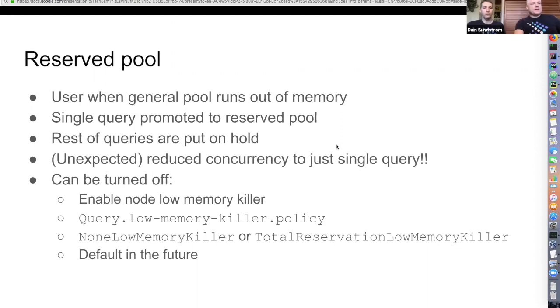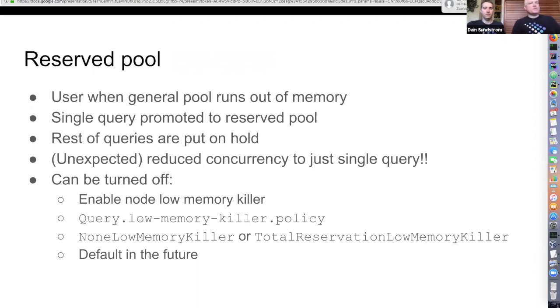What we've been talking about is getting rid of the reserve pool entirely and going with spilling first, which we haven't gotten into, and also having the ability to use the low memory killer for cases where people have disabled spilling. But in my mind, spilling's the best.